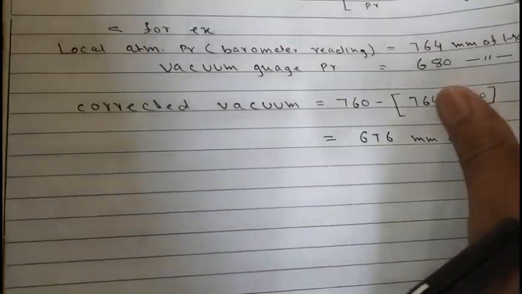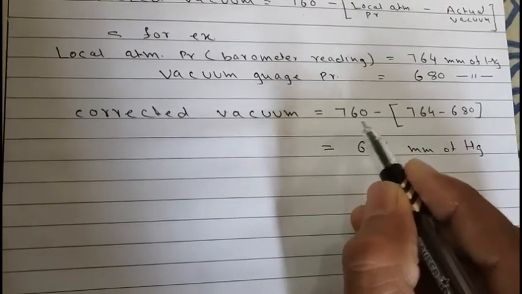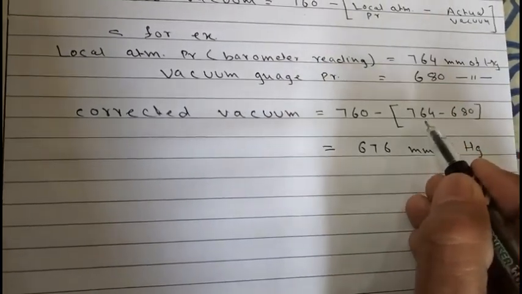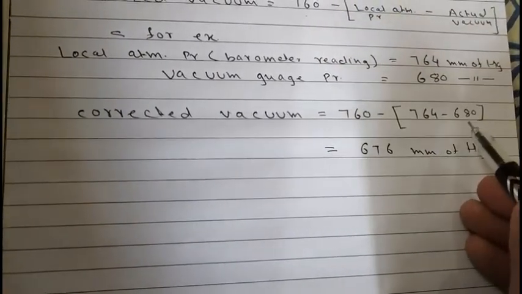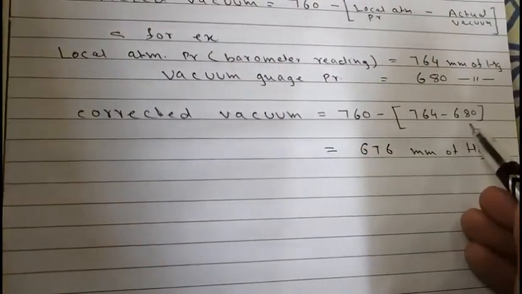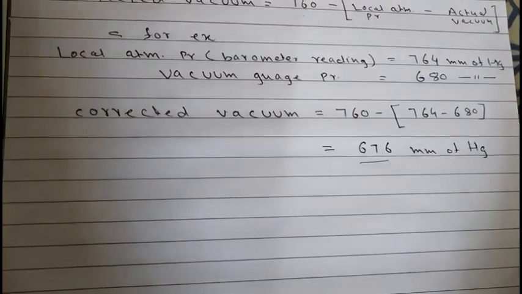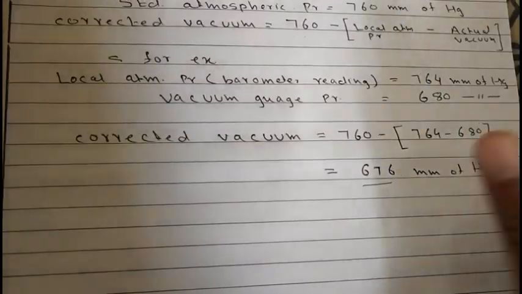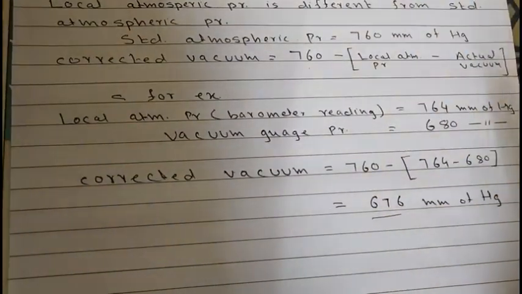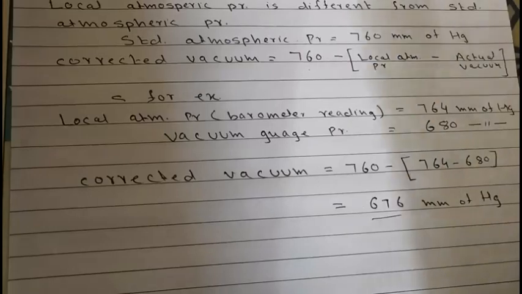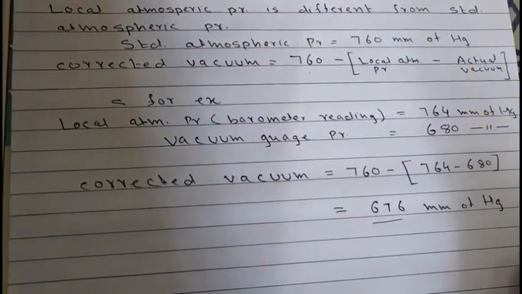We can find it with the above formula: 760, the standard atmospheric pressure, minus, in bracket, the local atmospheric pressure, which in this case is 764 mm of Hg, minus the vacuum gauge reading, that is 680 mm of Hg. On calculation you will get 76 mm of Hg. So this is called the corrected vacuum. Sometimes in the numerical you will be given the local atmospheric pressure and the actual vacuum, and from this you have to find the corrected vacuum. So this is regarding the corrected vacuum.